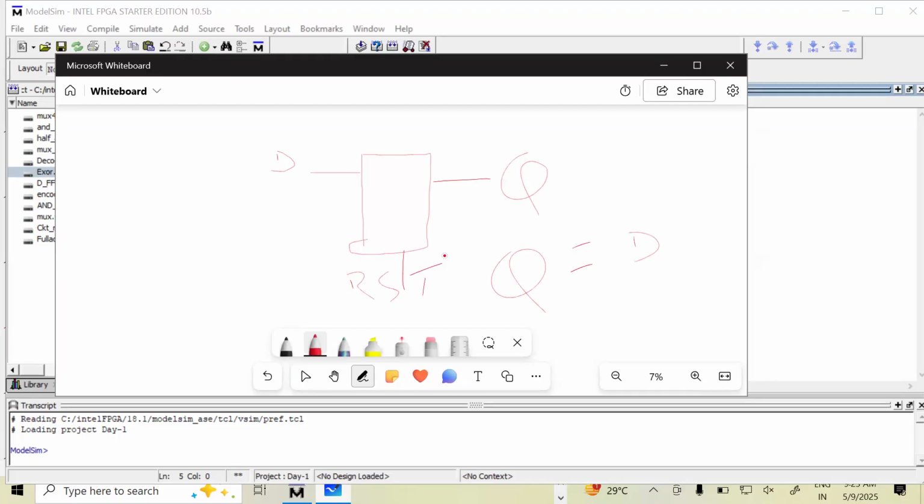If RST is 1, then Q is equal to D. Basically, RST is a low level input, and this is set.